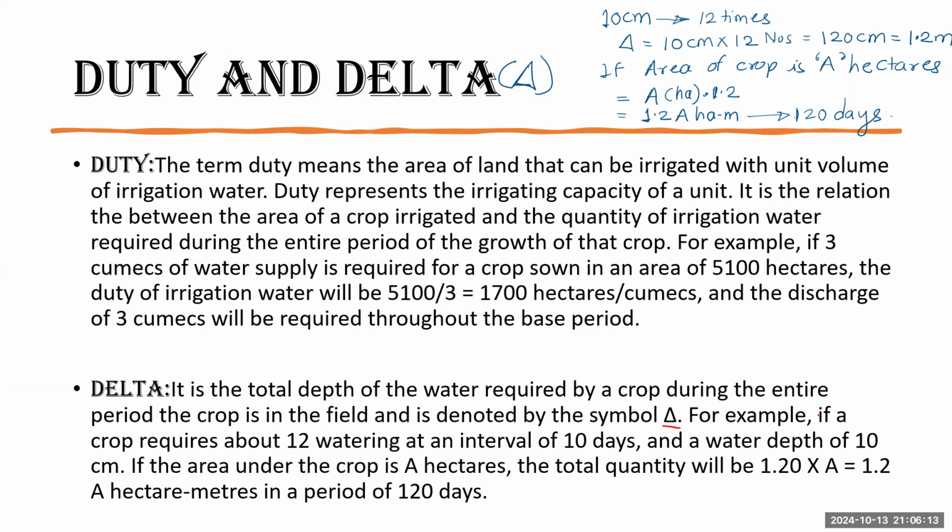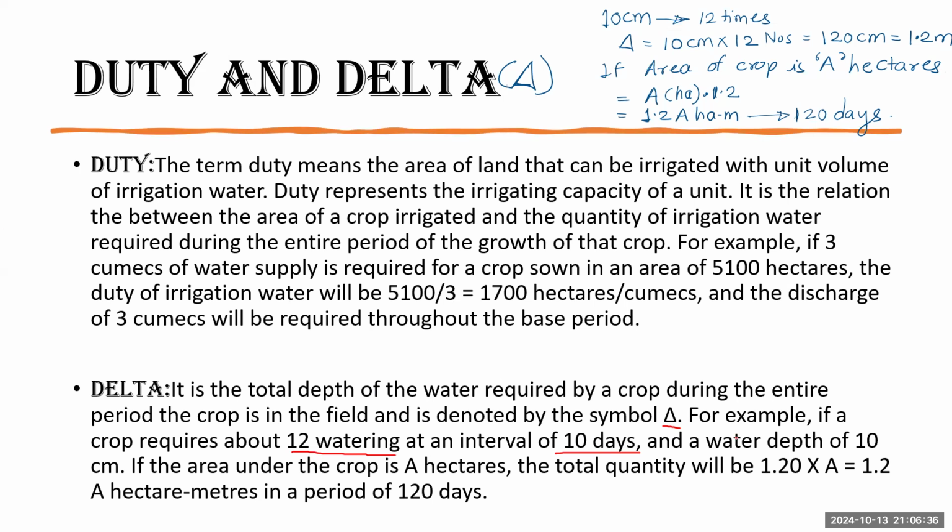Now, to explain delta in more detail, consider this example. Suppose a crop requires about 12 waterings at an interval of 10 days. The 10 days is the frequency of irrigation, and the number of waterings is 12.